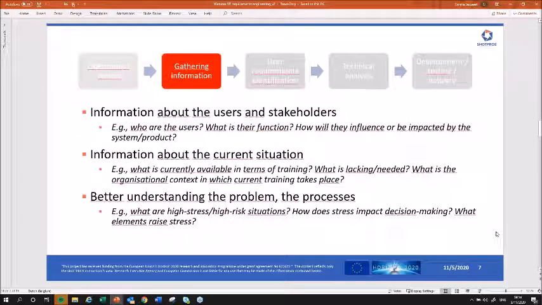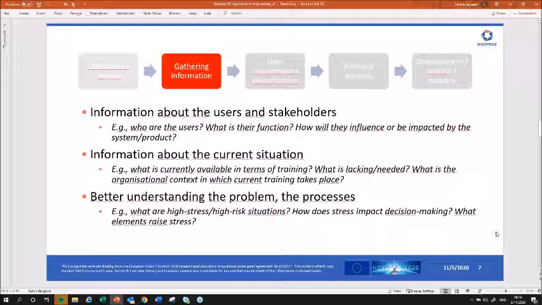Once the problem is identified and we have made explicit some initial needs or ways to go forward, we can start the collection of user requirements. In the first phase, this means gathering as much information as possible from as many different channels as possible.